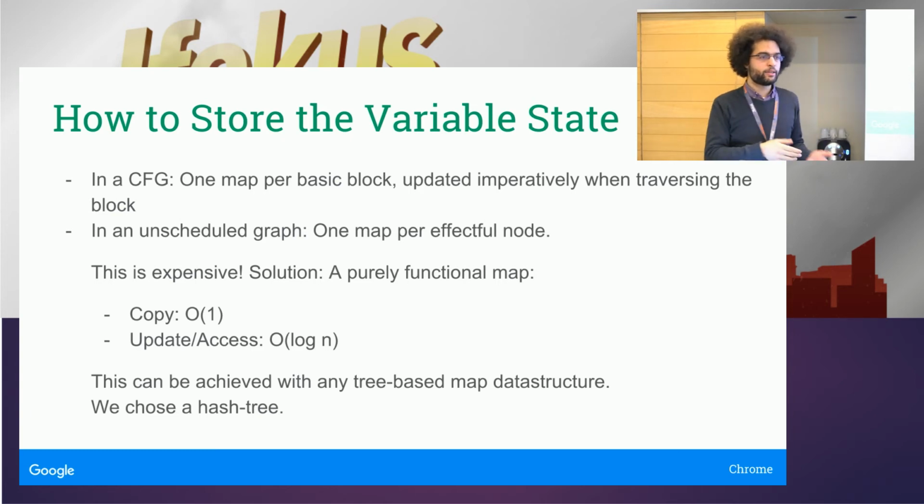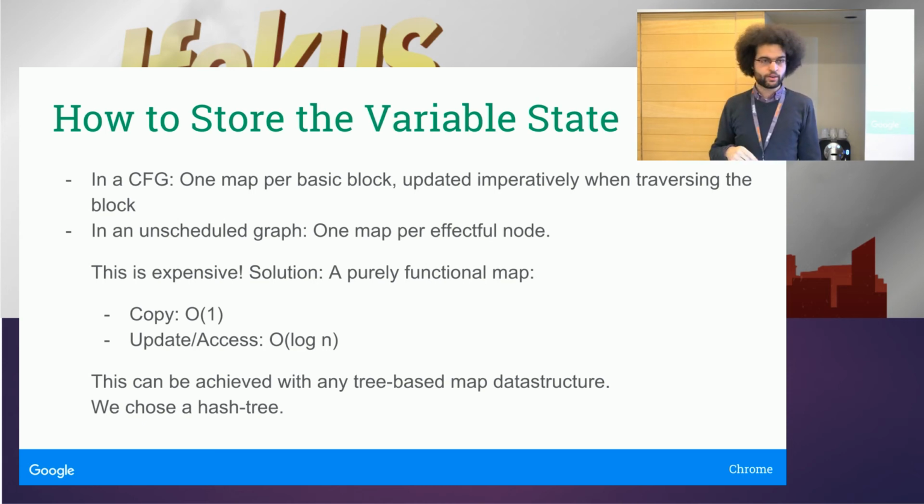If you were in a CFG, then you would just walk through the basic block and update the structure imperatively, which in principle you can do in Sea of Nodes, but for this you would have to know the basic blocks. And we tried that before, and it's kind of tricky to get it right, to manage the state so that you duplicate only when you need it, kind of implementing copy on write by hand. Yeah, it was a source of many bugs.